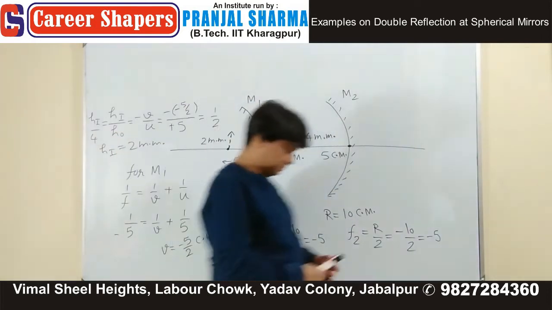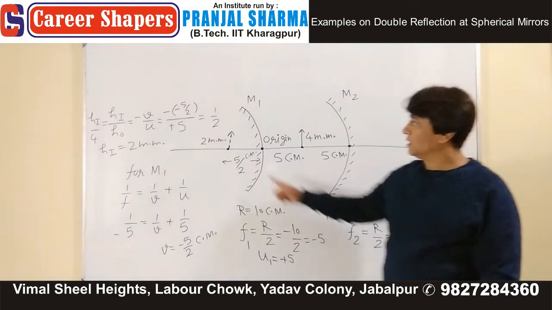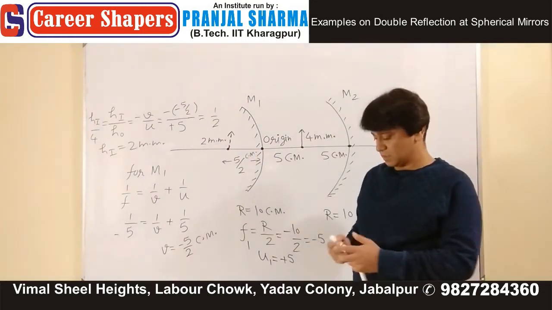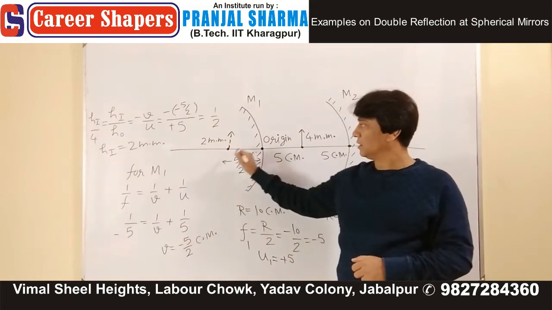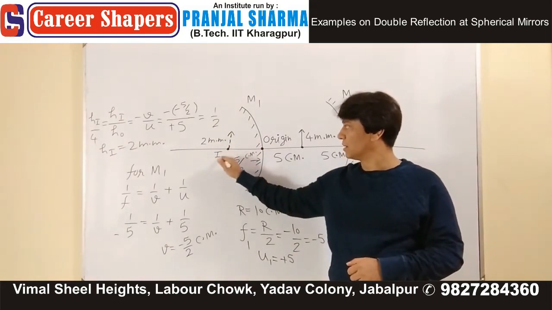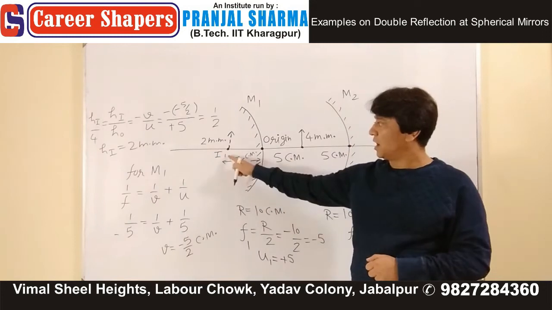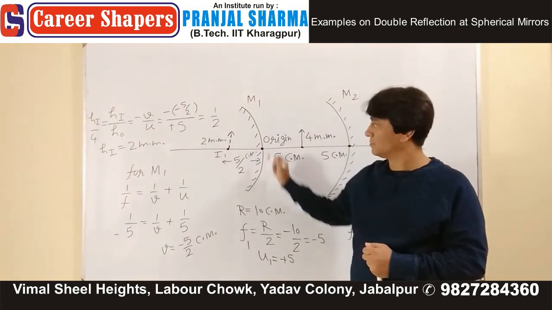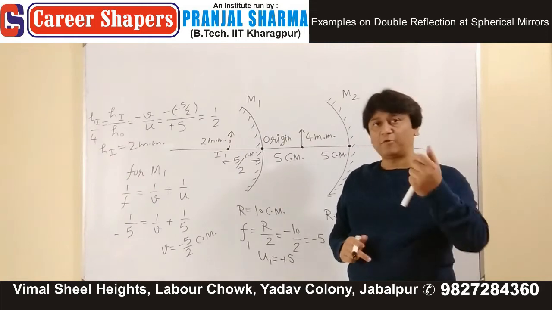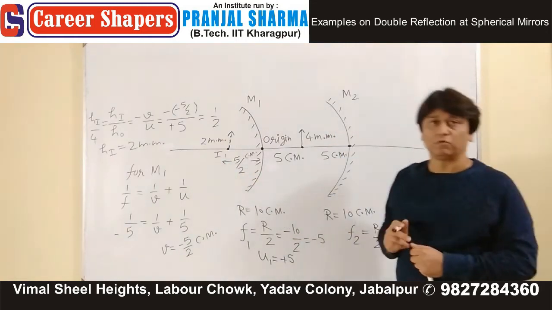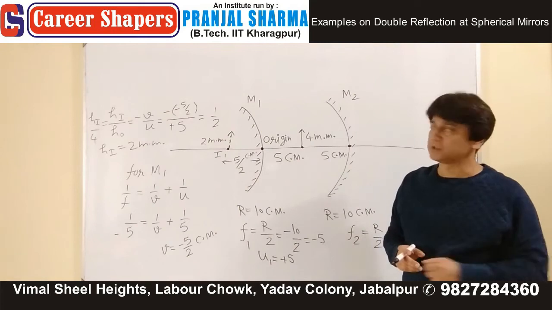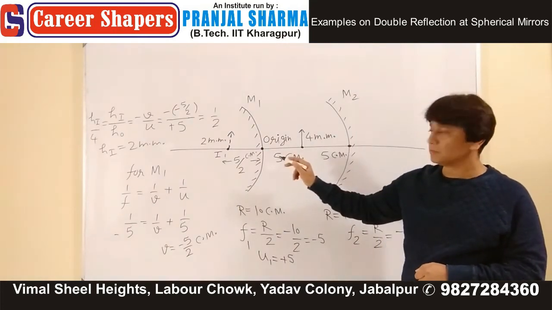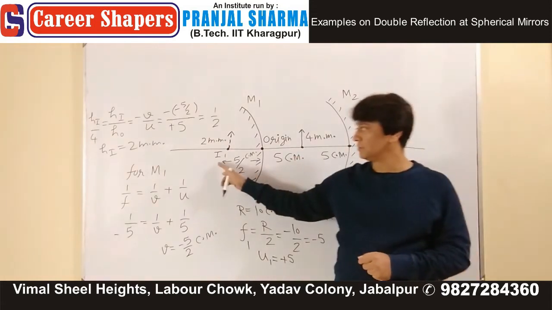Tell me this. Let's call it I1. I1 is a virtual image. What type of object I1 is? Real or virtual? Answer this thing fast in the comment box. I1 is a virtual image.